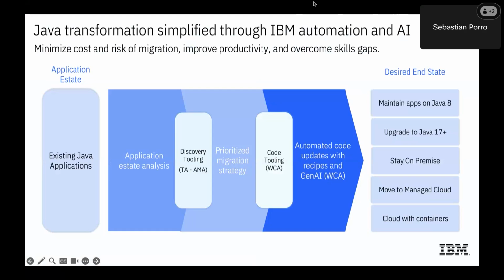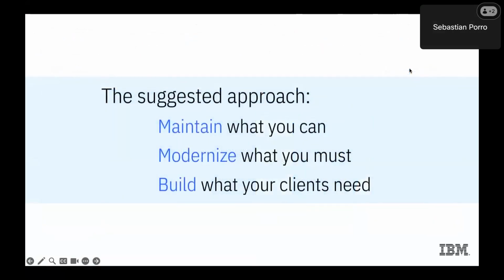These are different options, or different landing zones, as we like to call them, for applications that nowadays are running on traditional application servers, monolithic applications on older Java versions. So if we had to summarize all this, our approach is to guide customers to maintain what you can in your existing environment, modernize what you must modernize in order to grow your business, and build the new applications in a modern runtime on a new architecture such as microservices to address your client needs.